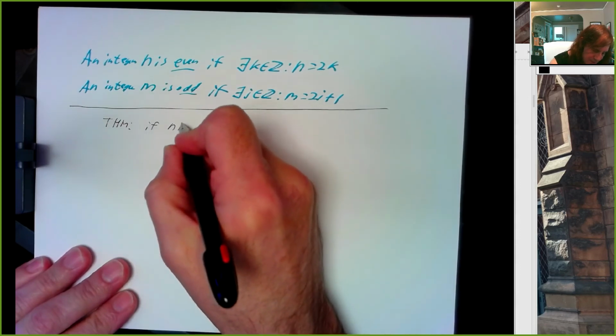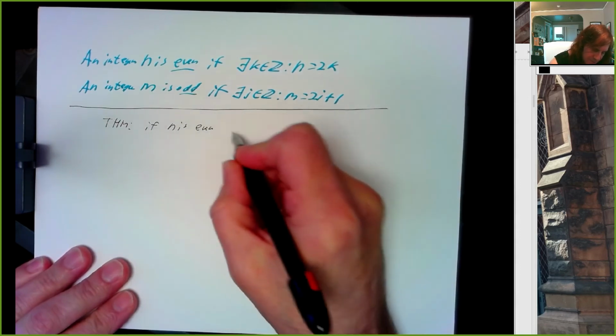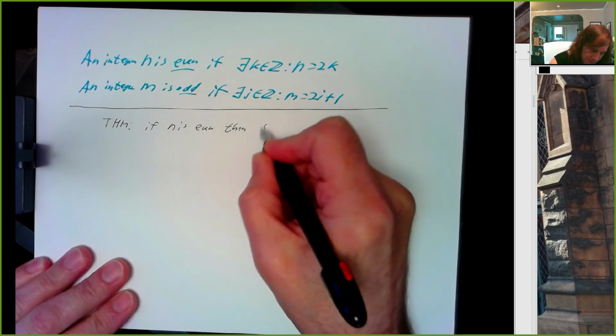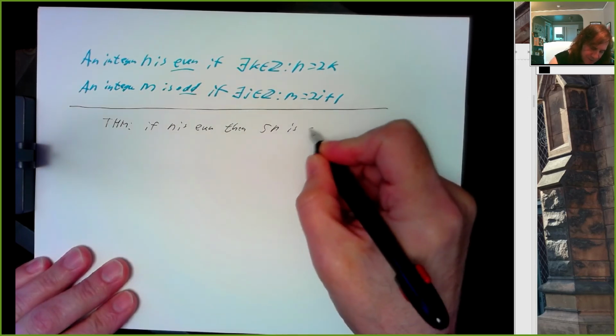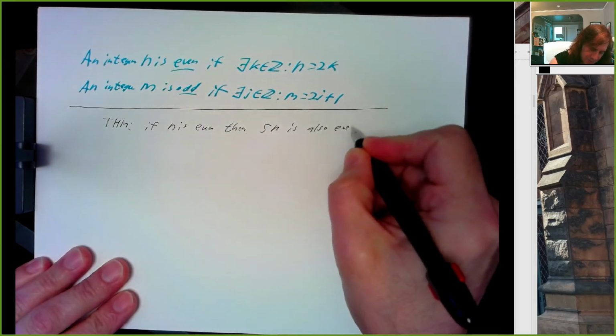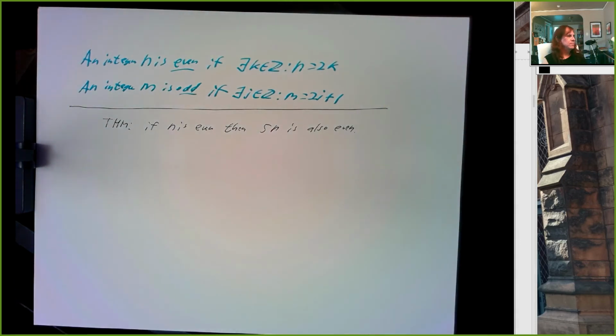If n is even, then 5 times n is also even. So if you start with an even number like 2 and you multiply by 5, you get another even number. 16 times 5 is 80. That's also even, just like 16.